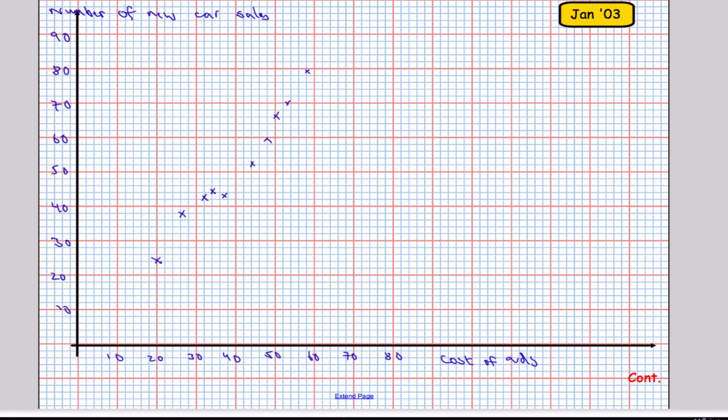So as the expenditure on ads goes up, it influences the number of new car sales.